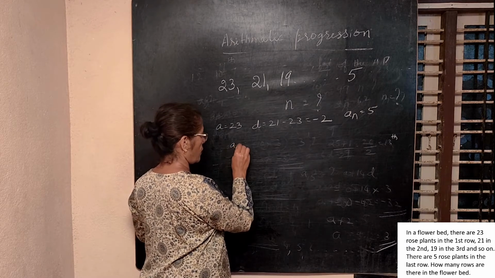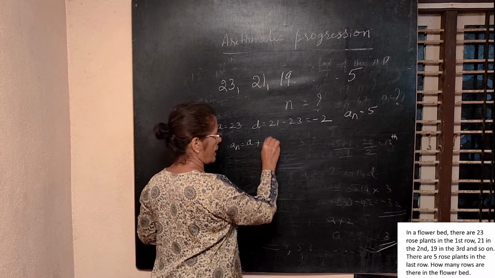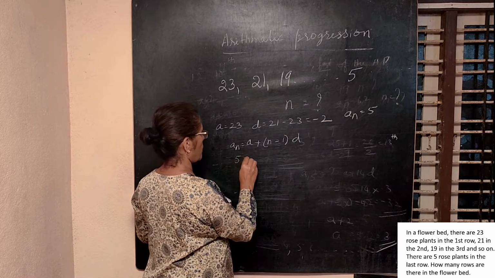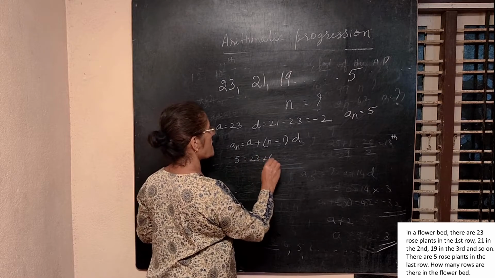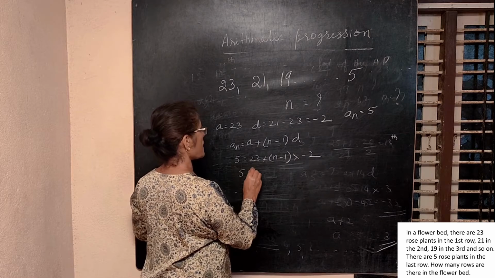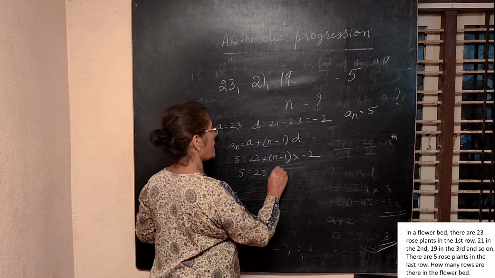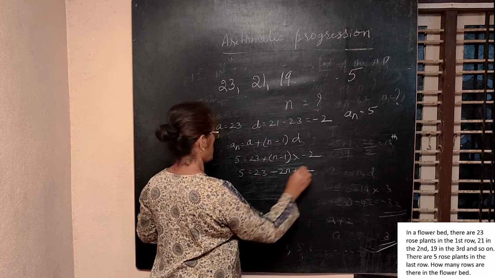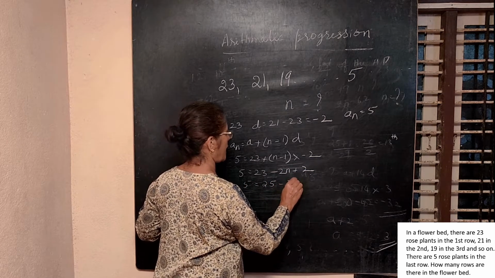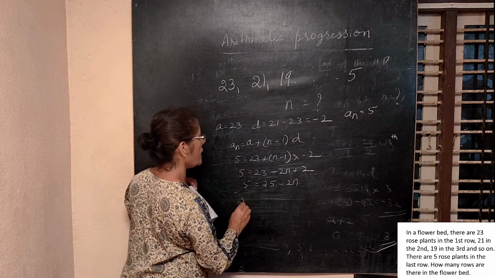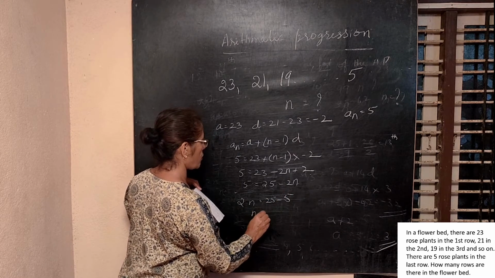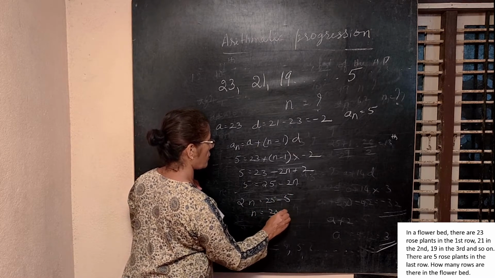So an is equal to A plus n minus 1 into D. 5 is equal to 23 plus n minus 1 into minus 2. 5 is equal to 23 minus 2n plus 2. So 5 is equal to 25 minus 2n. Let me take the minus 2n this side. 2n is equal to 25 minus 5. n is equal to 20 divided by 2 is equal to 10.